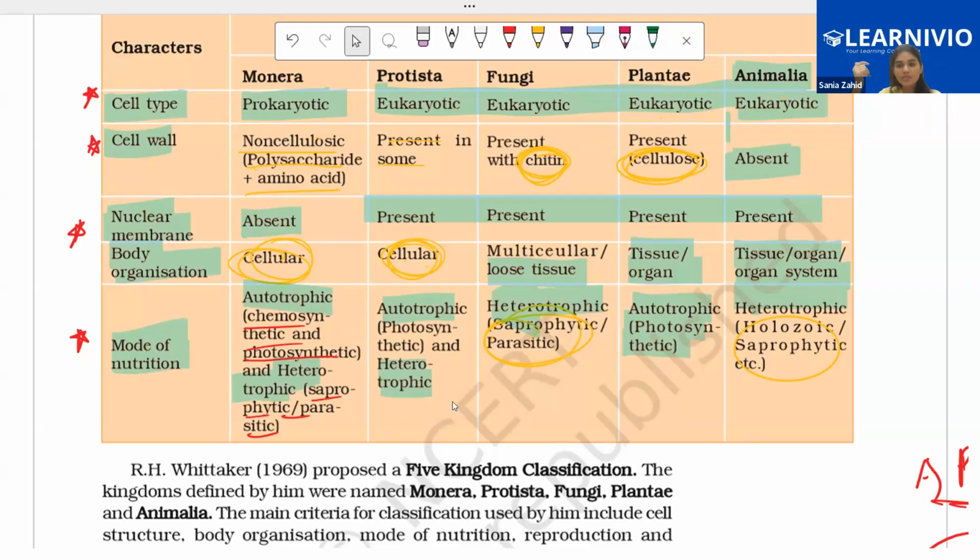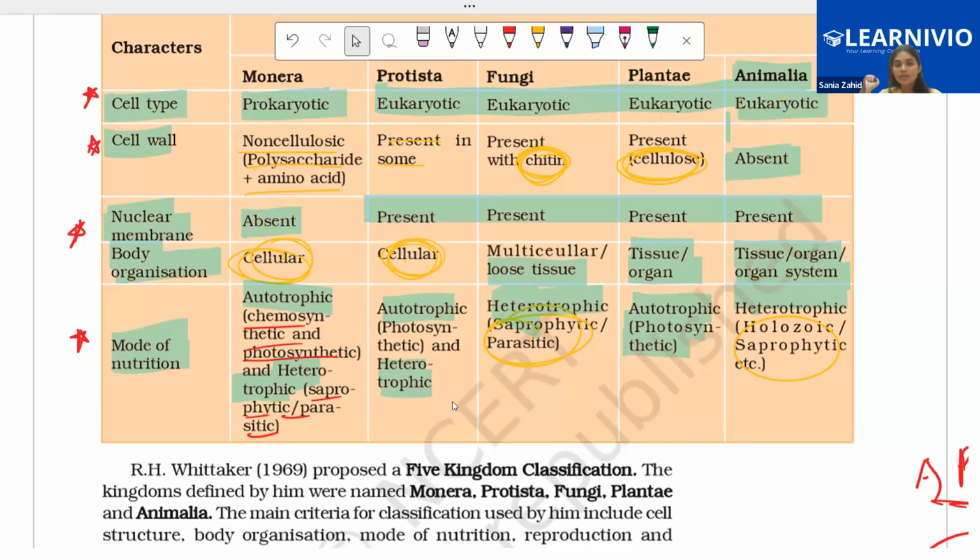What are the types? Chemosynthetic and photosynthetic. What is the meaning of chemosynthetic and photosynthetic? Photosynthetic is a light process. And chemosynthetic is a chemical process.